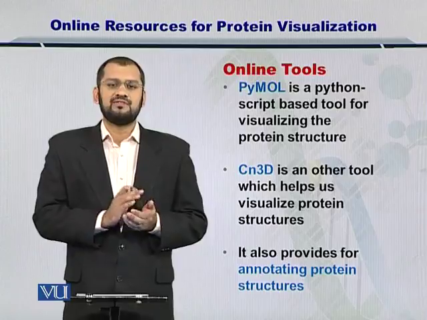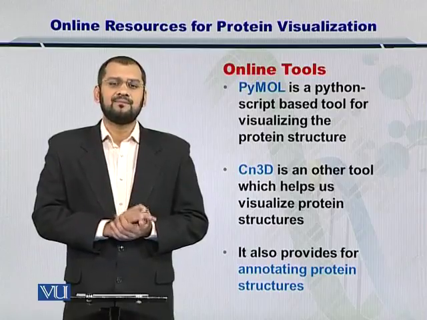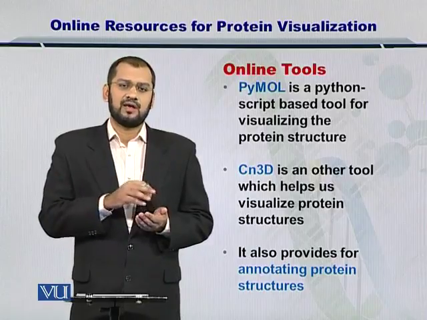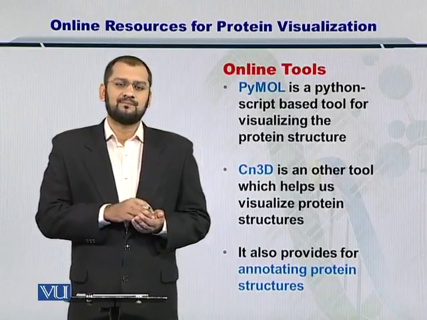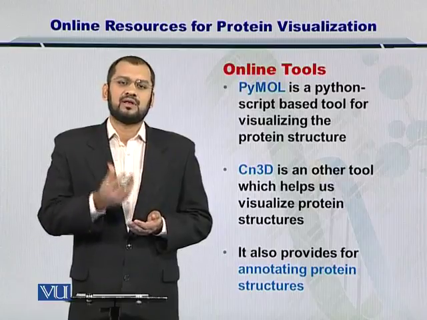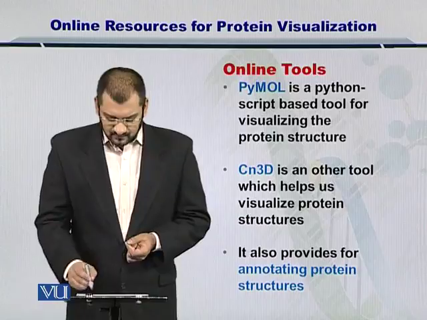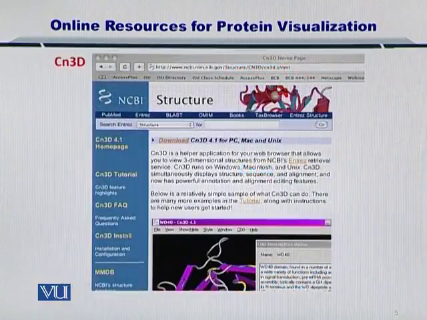CN3D is a tool that you can use by inputting the sequence of a protein or its PDB, and it will give you the structure of the protein in 3D. Also, it is very useful as it provides the annotation for the proteins.